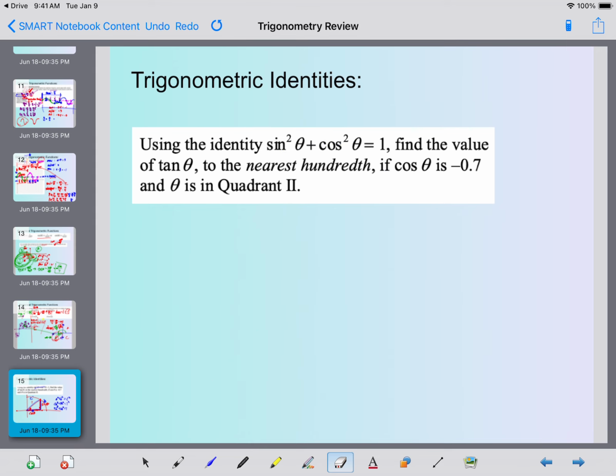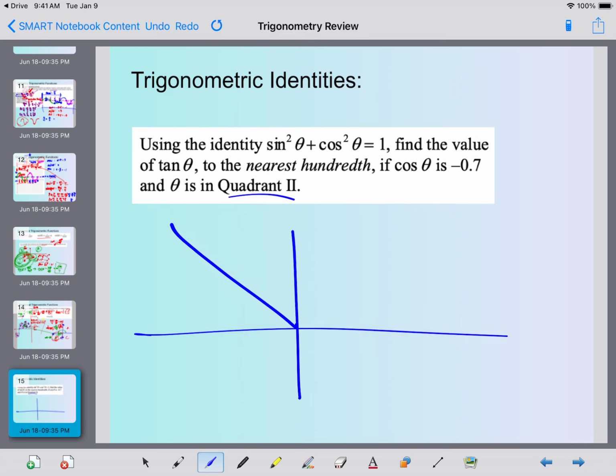And the good thing about the Regents with these kind of questions is they always provide that for you. If you didn't want to use the identity, you don't have to. You could draw it out exactly how I showed before. This is just negative 7 over 10. We know cosine is adjacent over hypotenuse, so adjacent would be 7, your hypotenuse would be 10.